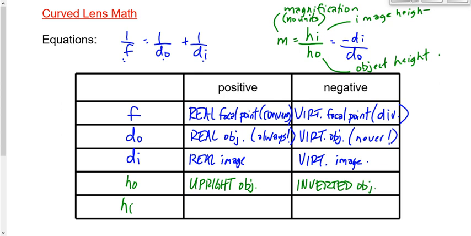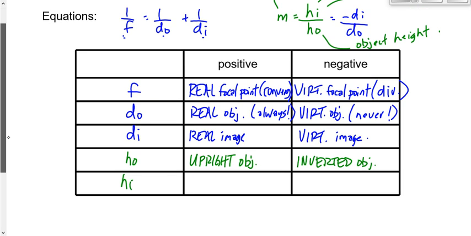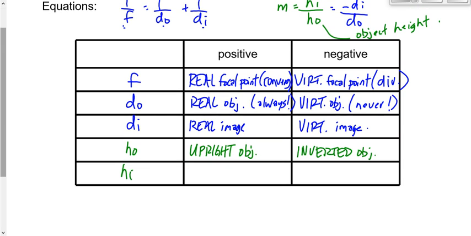It would be pretty rare to see the object upside down, but we could. It's possible. What do you think I'm going to fill in for the image height here? The image height, Hi, is going to be positive if the image is upright.